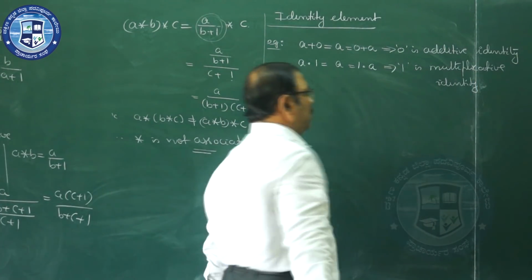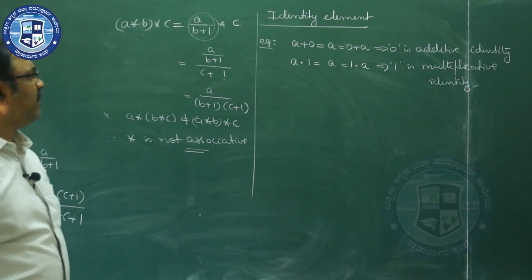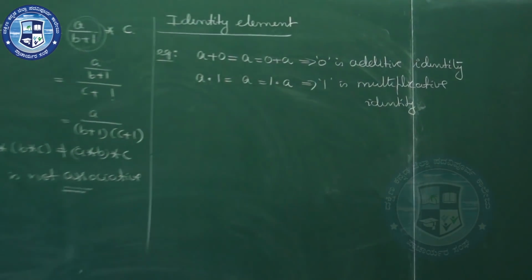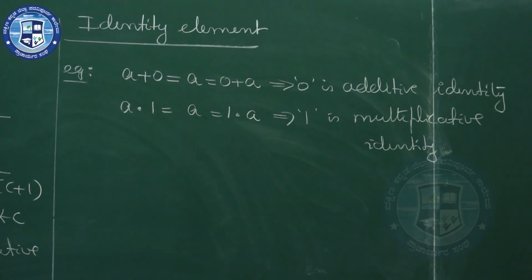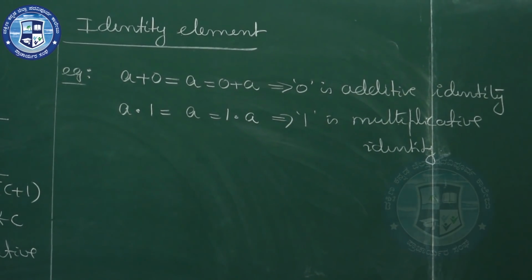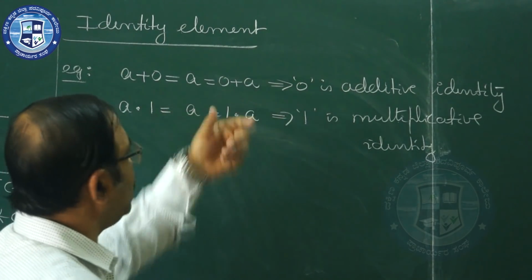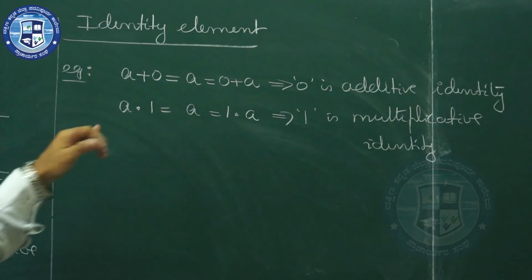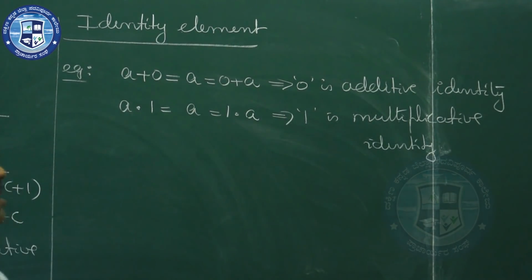Additive identity means A plus 0 is equal to A. When you add 0 to anything, the number will not change. You get the same number. So A plus 0 is equal to A. That is called additive identity. And A into 1 is equal to A. So 1 is called multiplicative identity.